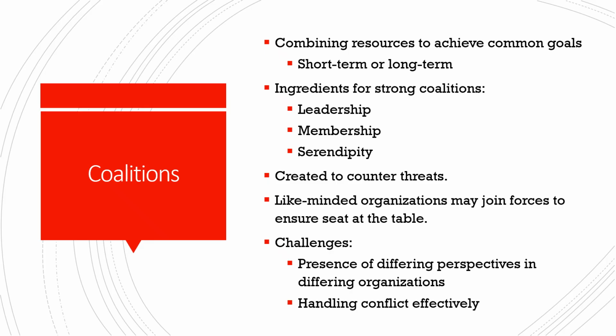You have ACOG, which is for gynecological conditions and women's health. Bringing those together, they make a strong coalition and move forward with a common goal. So it's not everybody going for their own, but we have a common goal.